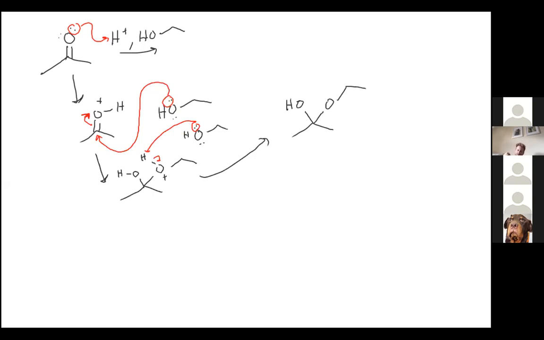This is going to generate what's referred to as a hemiacetal. Someone asked me if this reaction has stereochemistry. It does not have any stereochemistry.